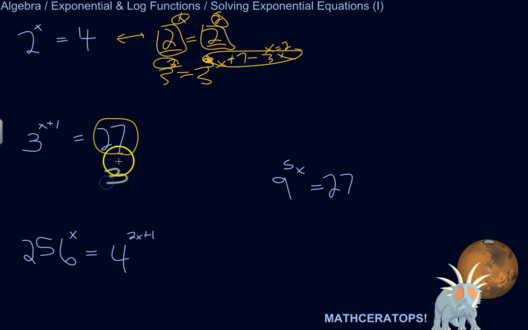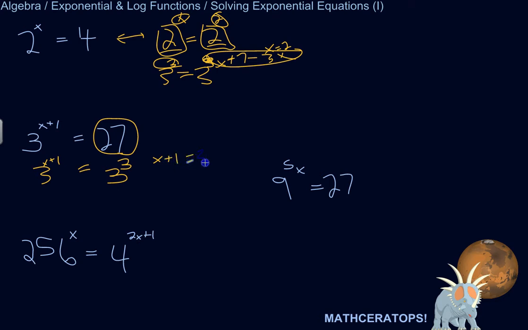So I'm going to rewrite that as a number with the same base as this number. So 3 to the power of x plus 1 is equal to 3 to the power of 3. That must mean that x plus 1 is equal to 3.